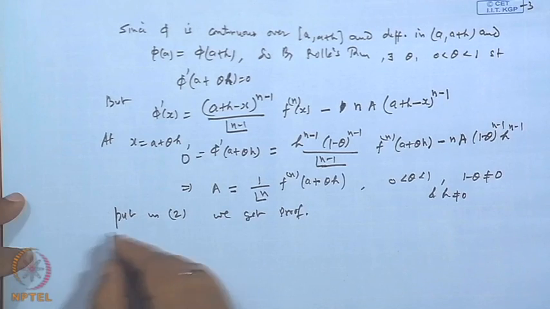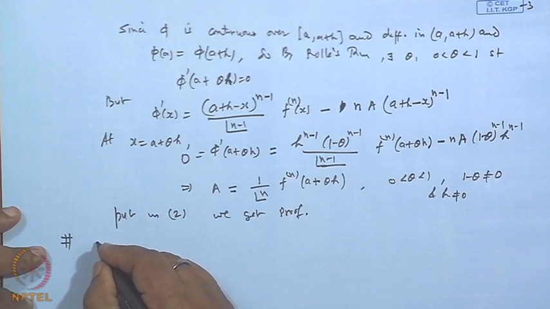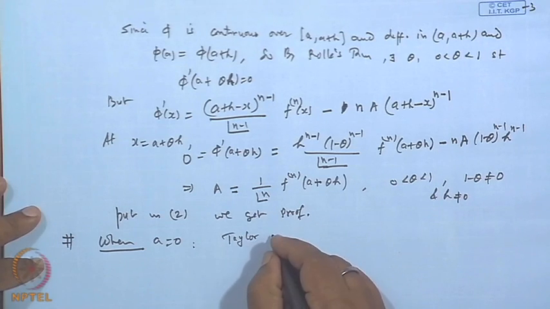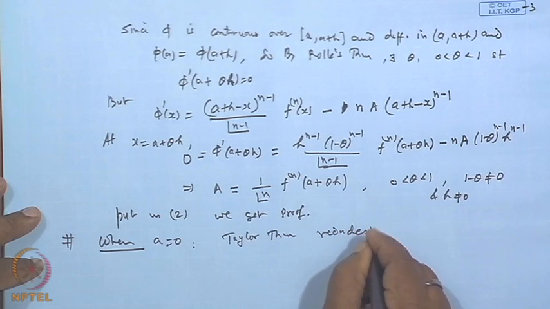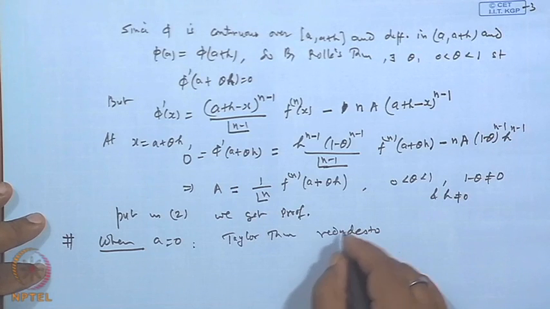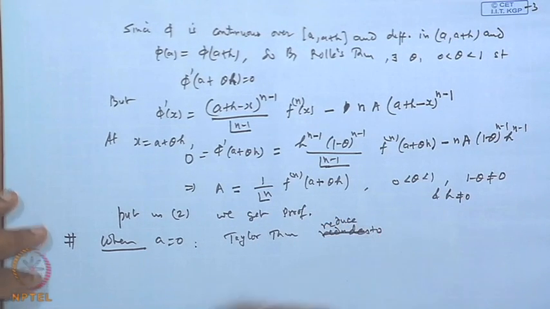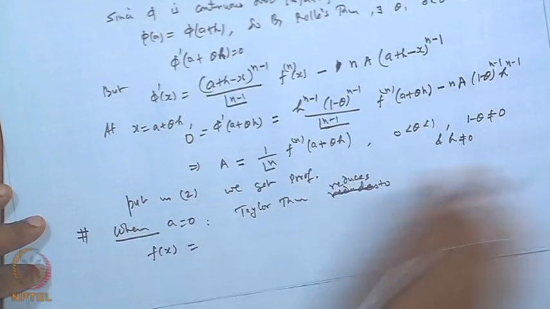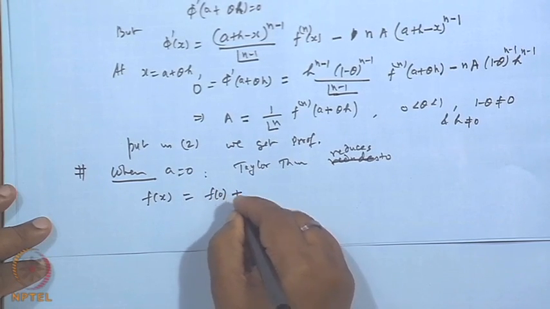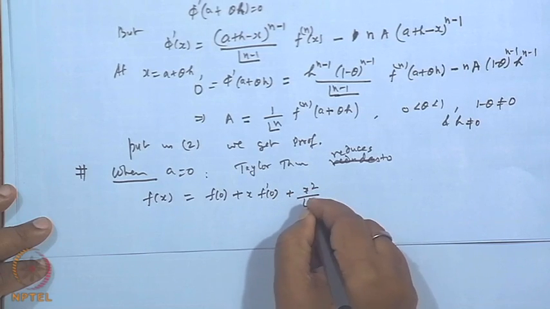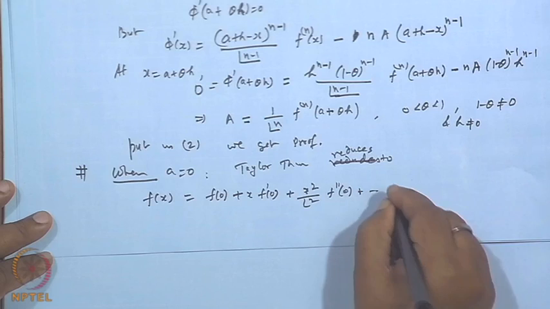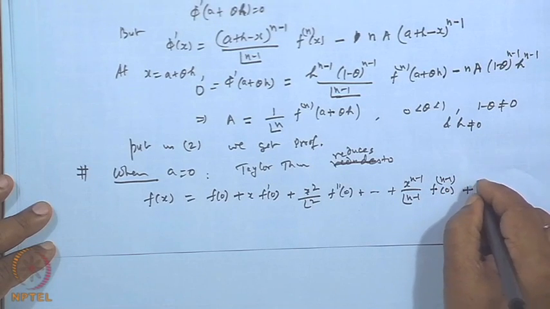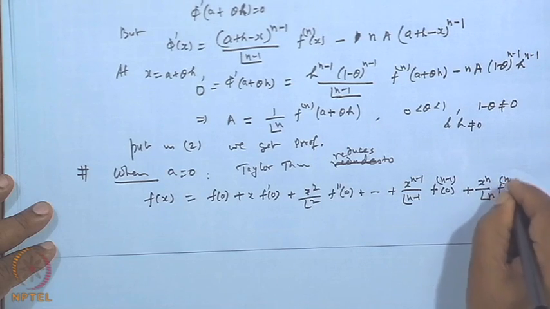Okay. Now, as a particular case, when a is equal to 0, then Taylor's expansion or Taylor's theorem reduces to the expression f(x) equal to f(0) plus x f'(0) plus x squared over factorial 2 f''(0) and so on, x to the power n minus 1 over factorial n minus 1 f^(n-1)(0) plus the remainder term, that is x to the power n over factorial n f^(n)(θx).